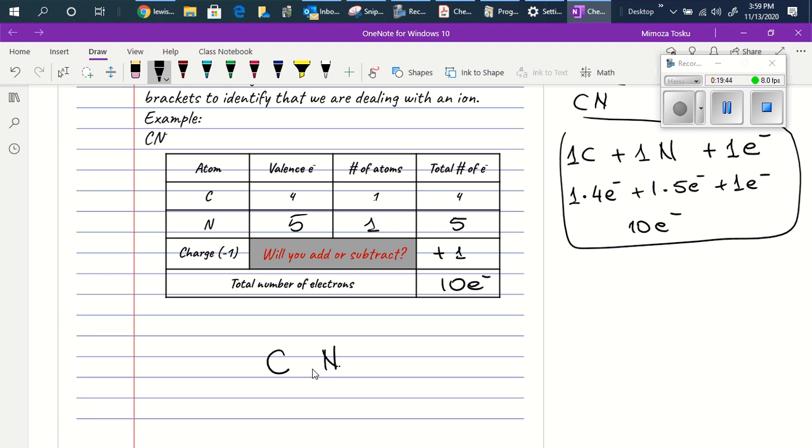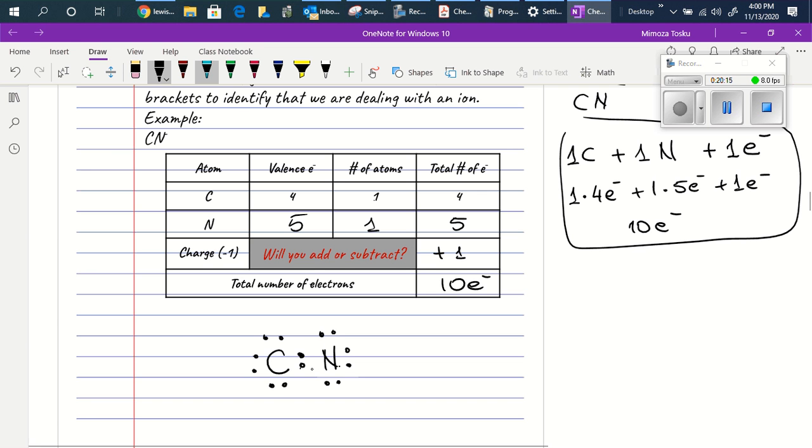Let's complete the outer shell of the central atom with 8. 1, 2, 3, 4, 5, 6, 7, 8. And then 8. Let's count now. 1, 2, 3, 4, 5, 6, 7, 8, 9, 10, 11, 12, 13, 14. Too many.